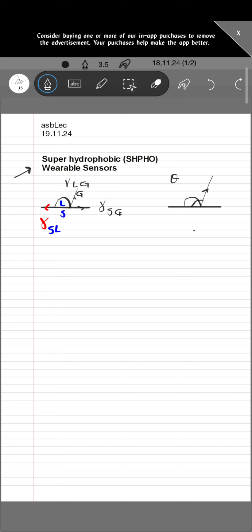Now usually if the contact angle is more than 90 degrees, then it is called hydrophobic.